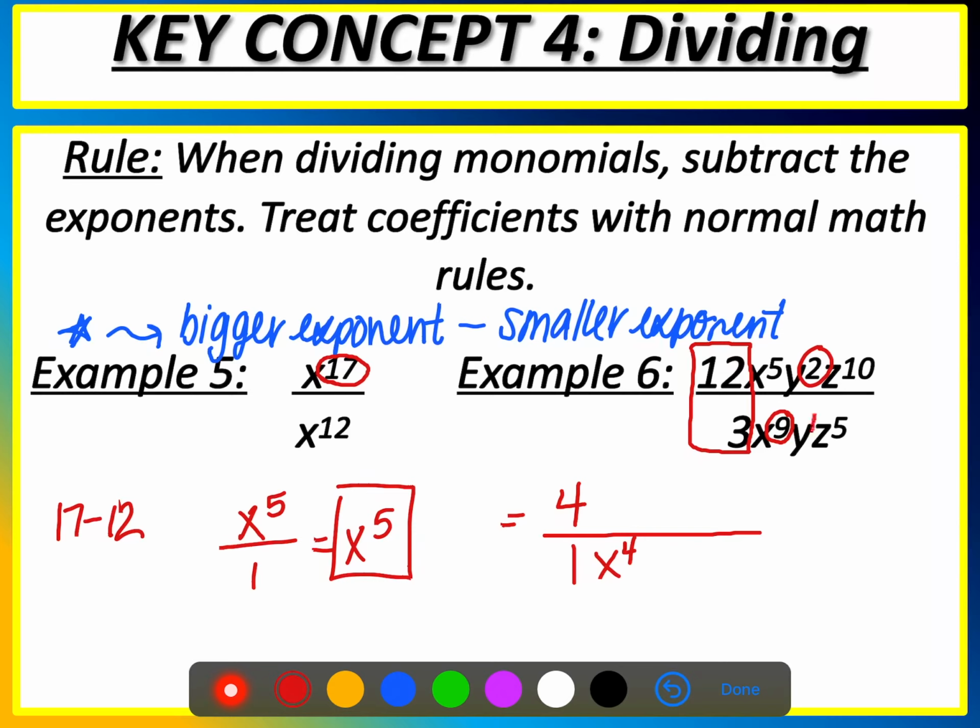So 2 minus 1, your answer should remain on the top. And the same thing for z, 10 minus 5 on the top. It's not a bad idea to circle the larger exponent for each variable so that you remember where it goes. So that is dividing.